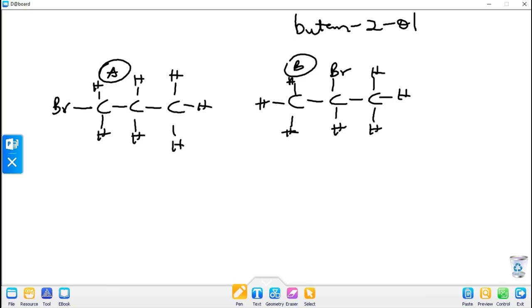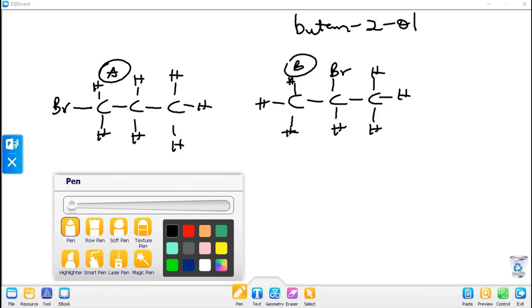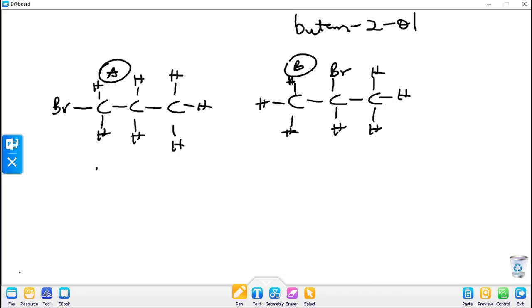For compound A, we call that 1 bromo, it's not 11, sorry. This is 1 bromopropane. Propane is 3 carbon atoms. 1 bromopropane.